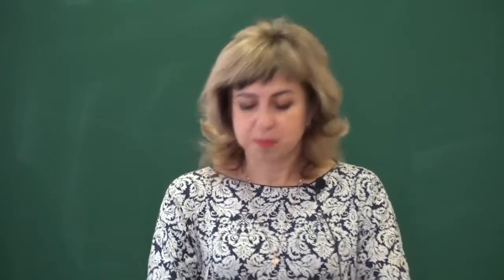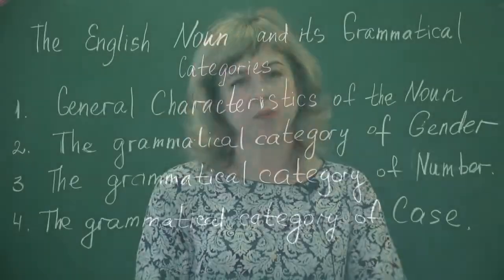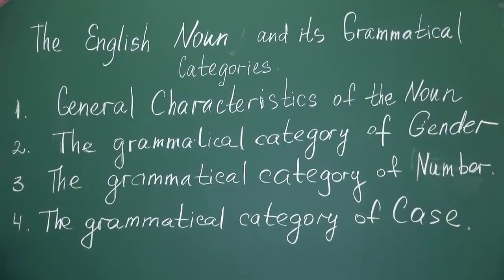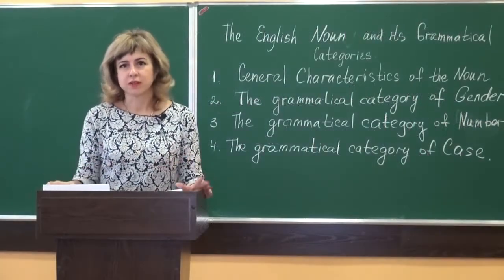All these arguments speak in favor of treating the category of gender in the English nouns as a purely semantic category, which actually finds both lexical and grammatical expression in the language. The grammatical category of number in the English language is conceptual by its nature. You know what is conceptual?